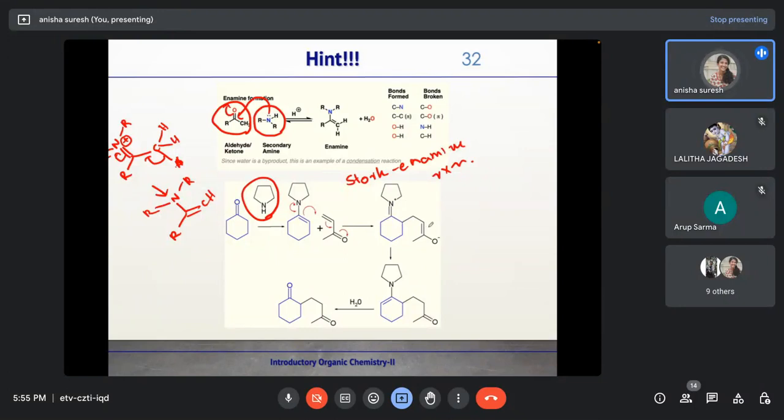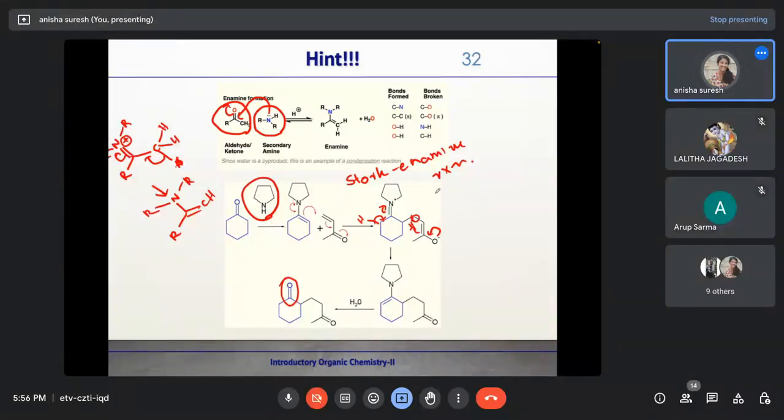Now what will happen? This will abstract a proton from the medium, giving rise to this ketone, and another enamine will be forming here. If we do hydrolysis, this enamine will be converted into a carbonyl compound. So this reaction is known as the Stork enamine reaction.